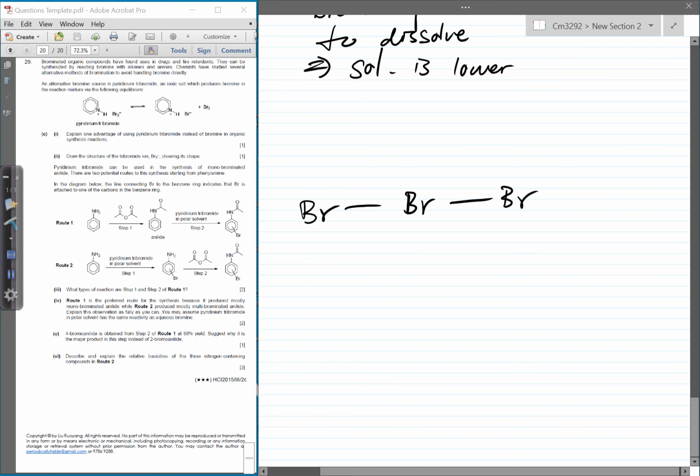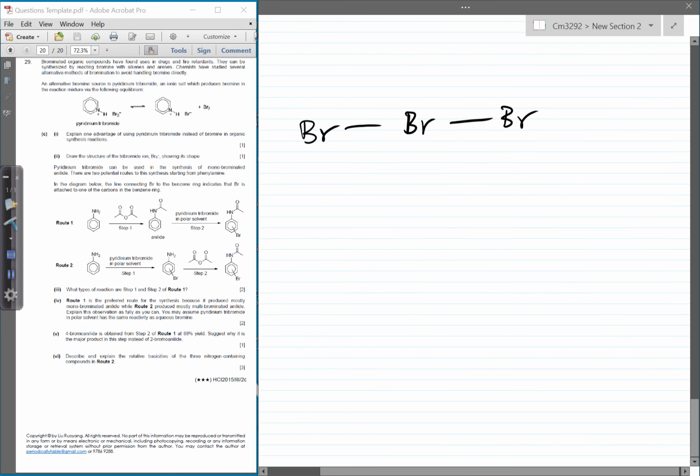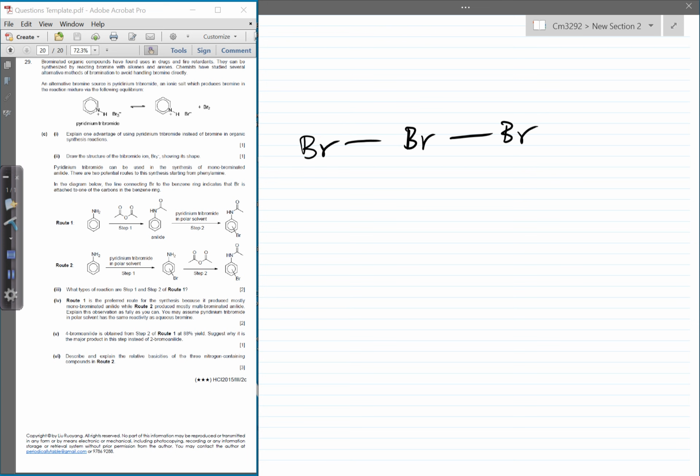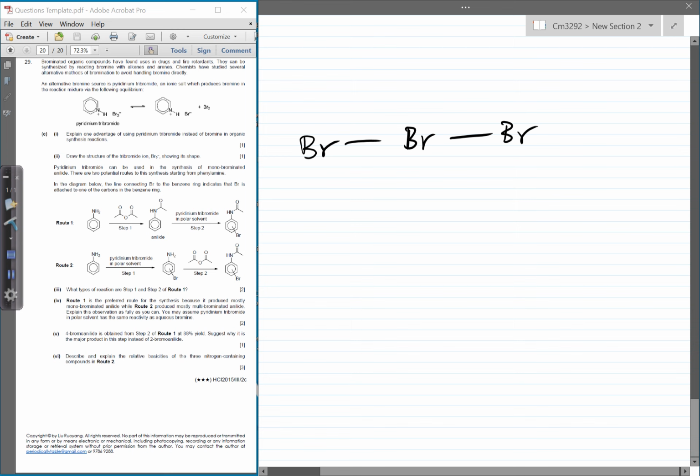And then draw the structure of the tribromide ion Br3-. So we know that it's connected in this fashion. It's not linear, by the way. So we just have to draw in the electrons. For this bromine, if we draw a dot and cross, it must be connected in this way.